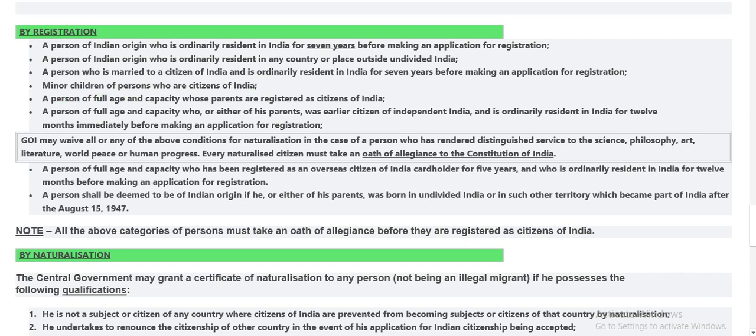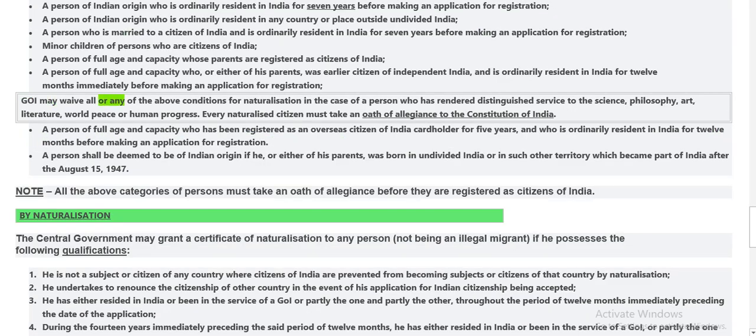Minor children of persons who are citizens of India. A person of full age and capacity whose parents are registered as citizens of India. A person of full age and capacity who, or either of whose parents, was earlier a citizen of independent India, and is ordinarily resident in India for 12 months immediately before making an application for registration.